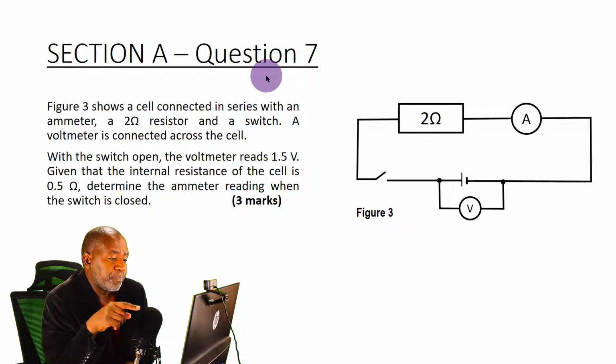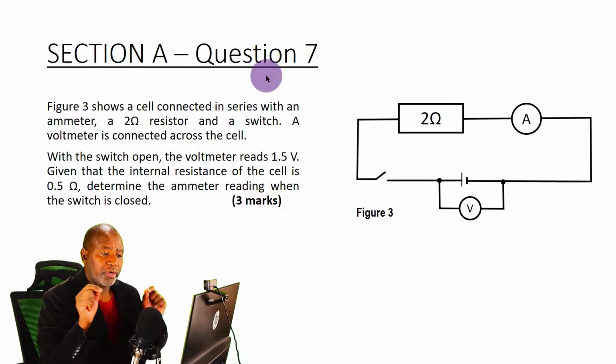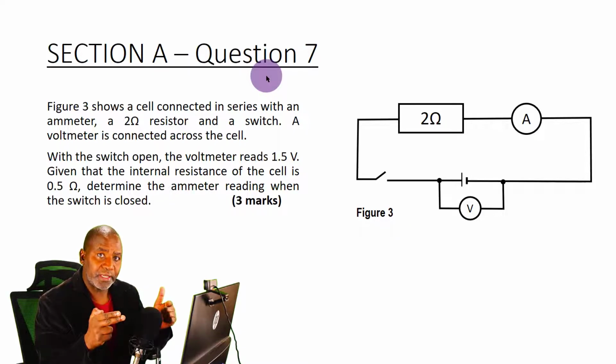Now, notice that they are describing how we measure the EMF of a cell. First of all, we connect the voltmeter across the cell. Then we open the circuit. So when the switch is open, it will not prevent the voltmeter from reading the potential across the cell.